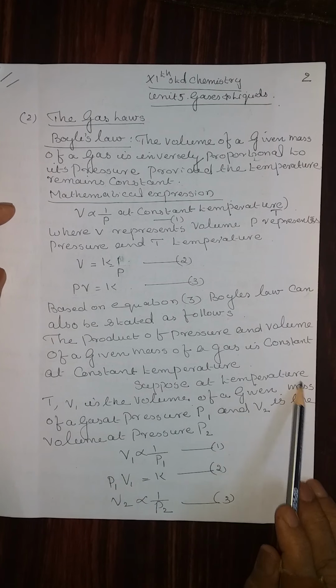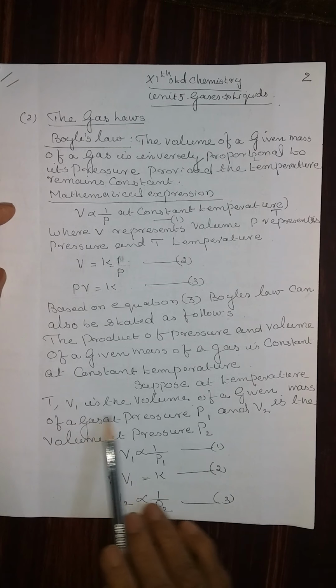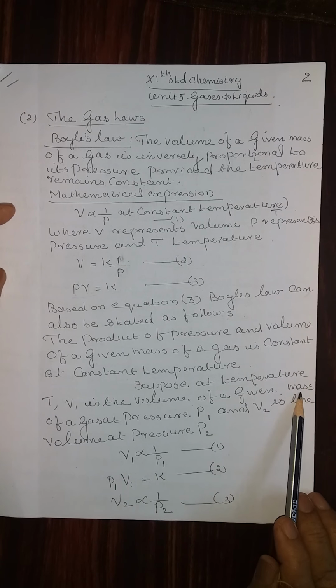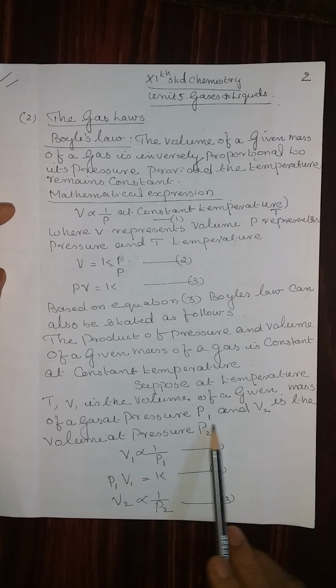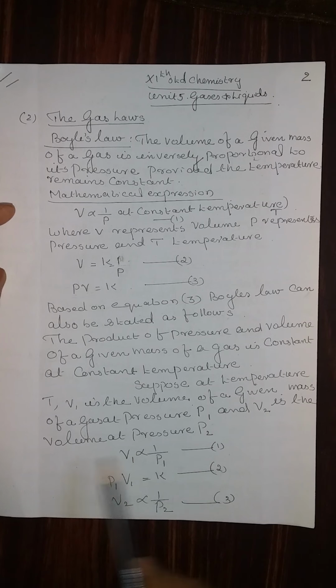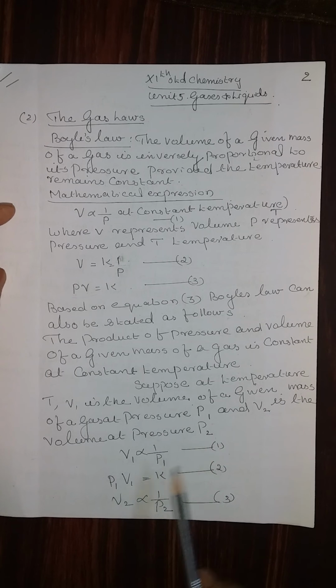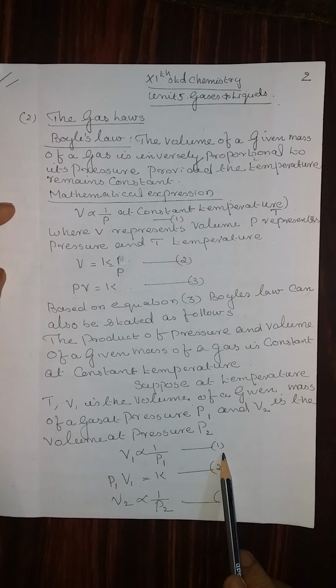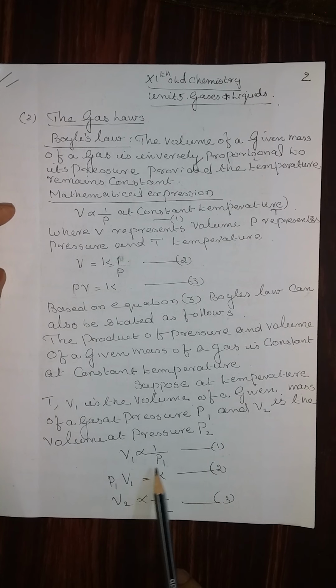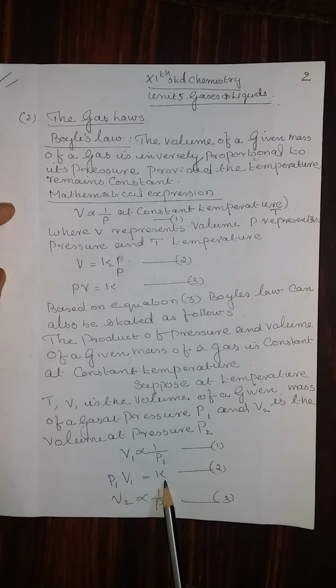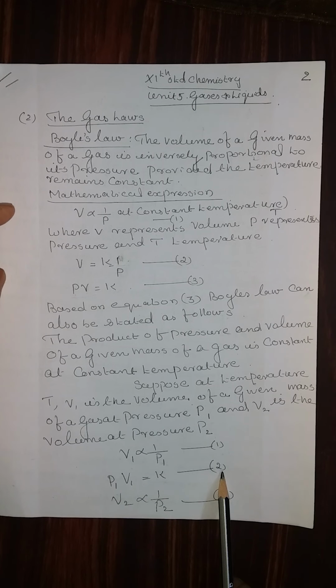Suppose at temperature T, V1 is the volume of a given mass of a gas at pressure P1 and V2 is the volume of the gas at pressure P2. V1 is inversely proportional to P1, equation 1. Or P1 V1 is a constant, equation 2.